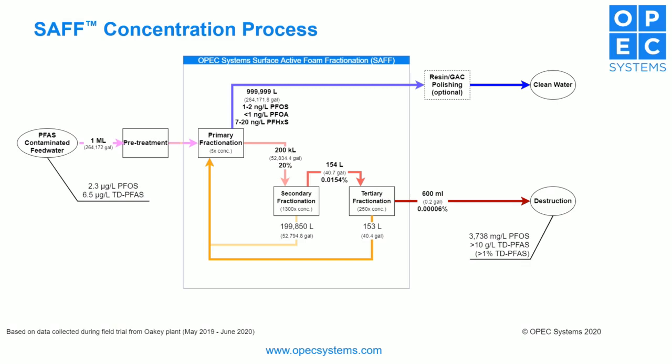If we get that right, and as Dave said, that's where the art and the IP lies, then you can get about a 1,000 times concentration step right there. And if you do that again and get another 200 to 500 times in the tertiary fractionation, all of a sudden, for every Olympic pool's worth of water that you've treated, you've generated about a coffee cup's worth of fractionate.